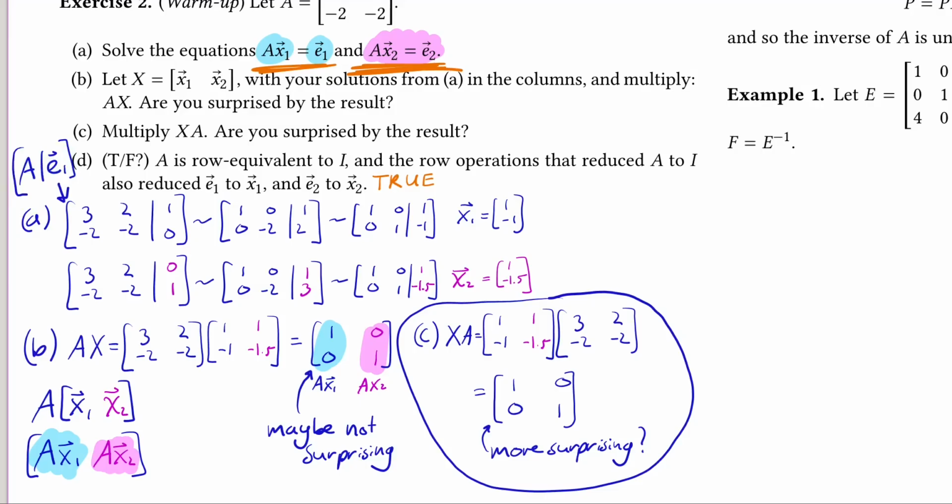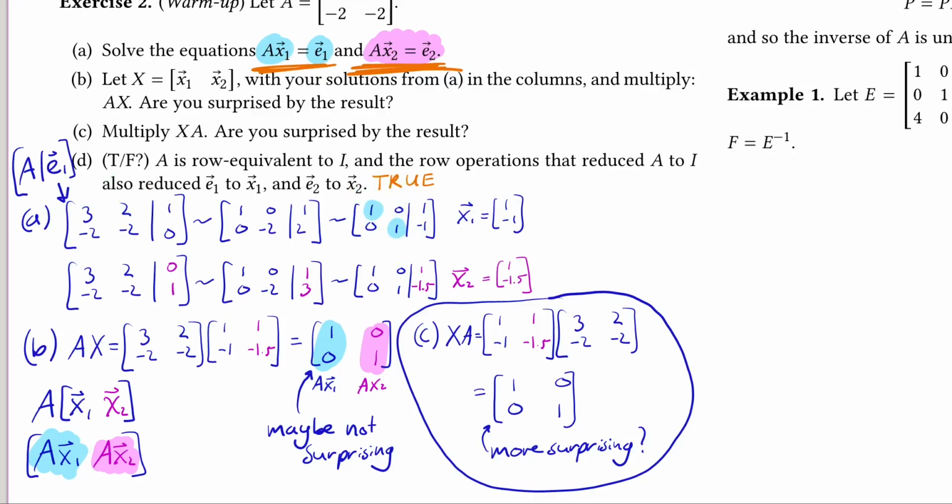And we row reduce it until it's in reduced echelon form. And here we are with our two pivot positions, and it basically says the first entry in x1 is 1, and the second entry in x1 is -1. And so A is row equivalent to I.